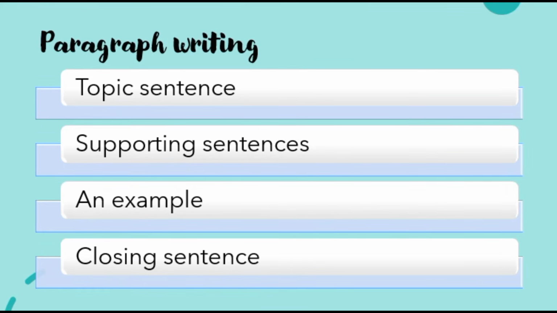After setting the foundation for the bridge, you would then need to provide support for this foundation. So this is what you do. Your supporting sentences are going to give support to the topic sentence, which is like the foundation of the bridge. So you're going to build support after support after support. And these are the sentences that are going to make your topic sentence much stronger and clearer.